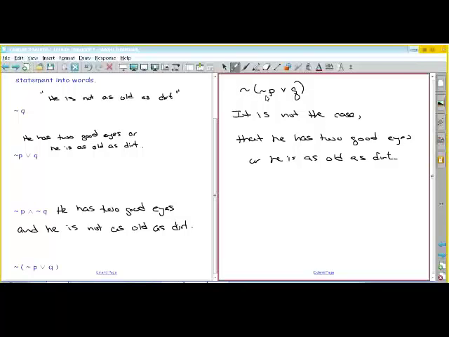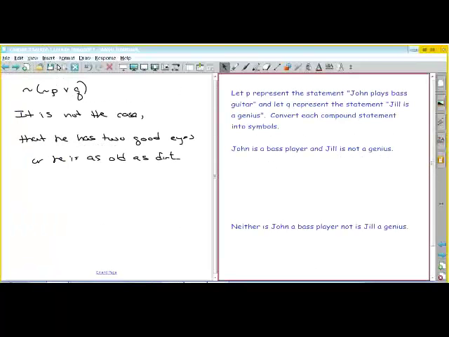So when you have a negation on the outside of a parenthesis like this, where these are grouped together as a complete statement, you can do this additional negation. You wouldn't want to say, it is not the case that it is not the case. That would get confusing if you did the negation. So in this case, this negation could be represented by this statement, and then we use the not the case one time, and it's okay.